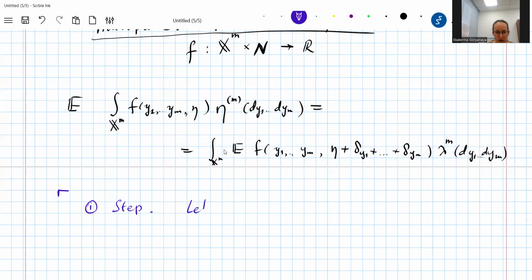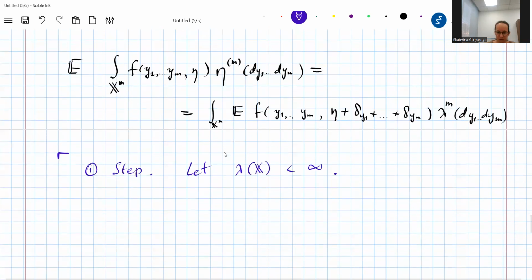We assume that the intensity measure of the Poisson point process of the whole space is finite. So under this condition, we construct a Poisson point process as a sum of a random number of delta measures at random points.